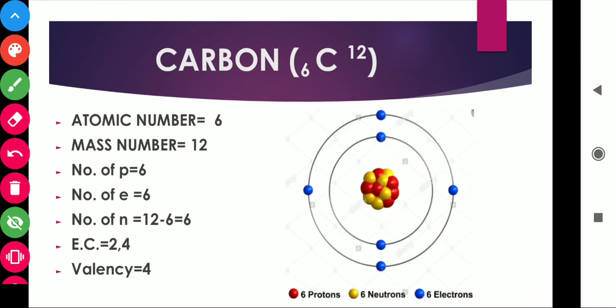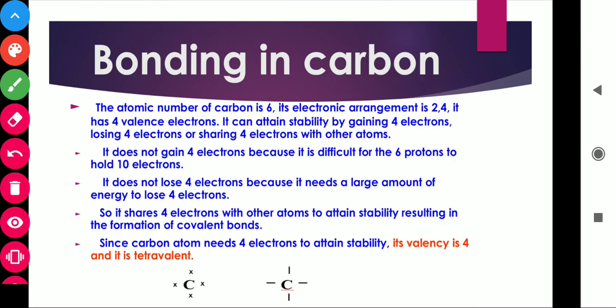Let's discuss bonding in carbon. Carbon has valency 4. It means to achieve the inert element configuration, either it needs to gain 4 electrons or lose 4 electrons.